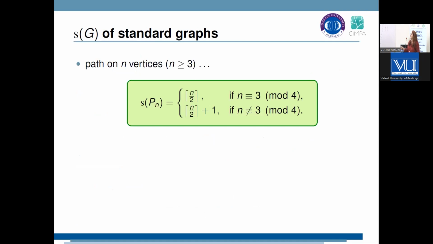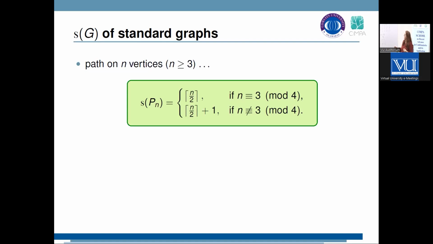We know that if we consider a path on at least 3 vertices, then the irregularity strength of this path depends on the number of vertices. If the number of vertices is congruent to 3 modulo 4, then the irregularity strength equals the ceiling of n by 2.